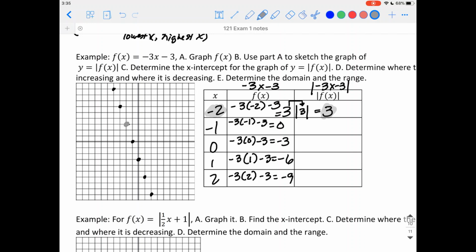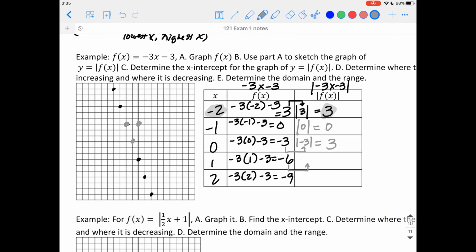For the next one, it's the absolute value of 0, which is 0. So negative 1, 0 is right there. Then the absolute value of negative 3 is 3. So instead of 0, negative 3, it's going to be 0, positive 3.